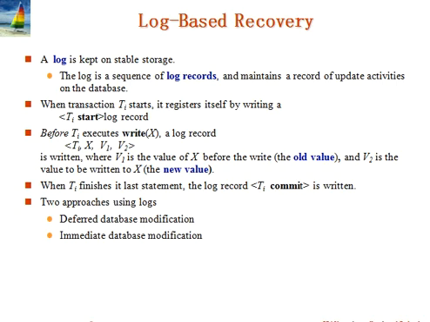Next, the data item identifier is the unique identifier of the data item written, typically the location on disk of the data item. The old value is the value of the data item prior to the write. The new value is the value that the data item will have after the write.